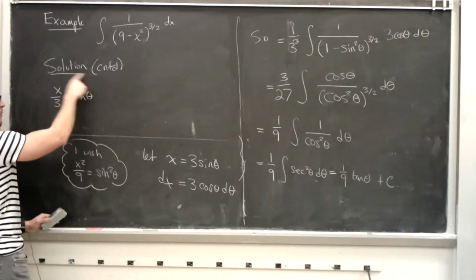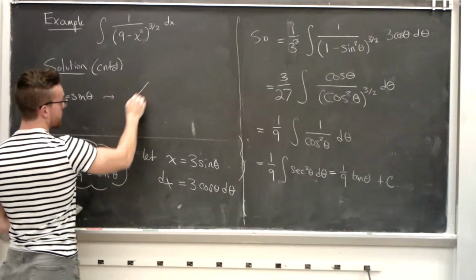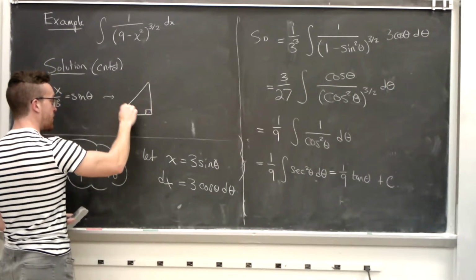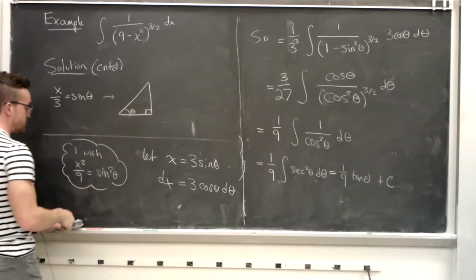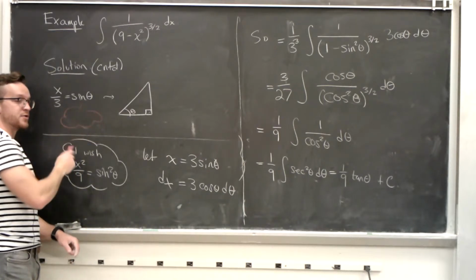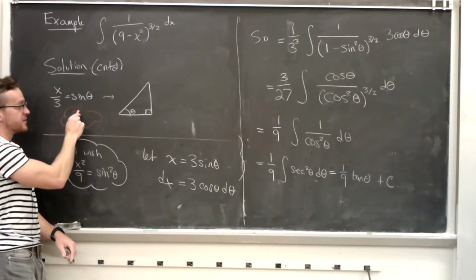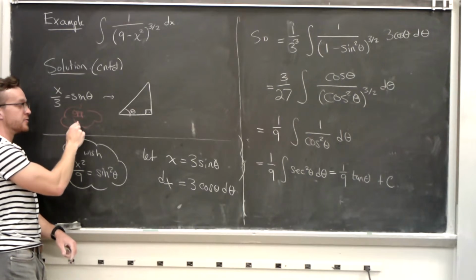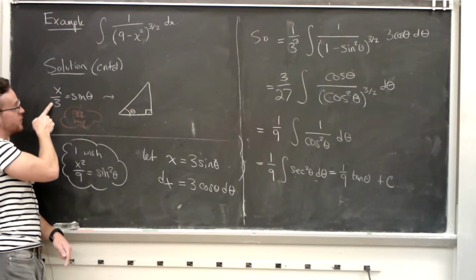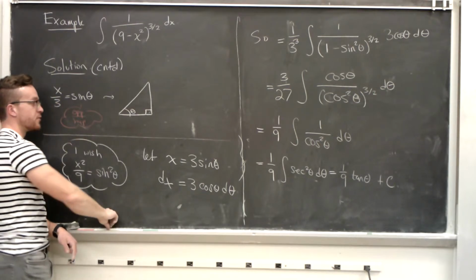And then I interpret what this means in a triangle. Draw a right triangle with angle theta. Sine is the opposite over the hypotenuse. So in my triangle here, I've got the opposite side over the hypotenuse.